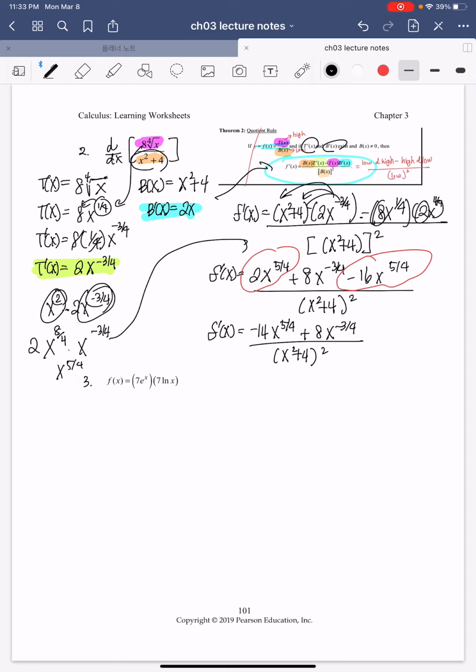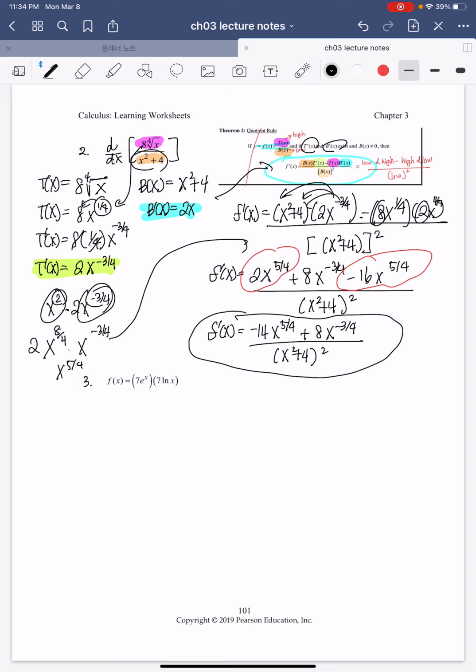Now at this point, you can FOIL it, or this is perfectly fine, leaving it like this. So the quotient rule requires a little bit more work because it gets messy, but you have the formula. All you have to do is put it into the correct spot.